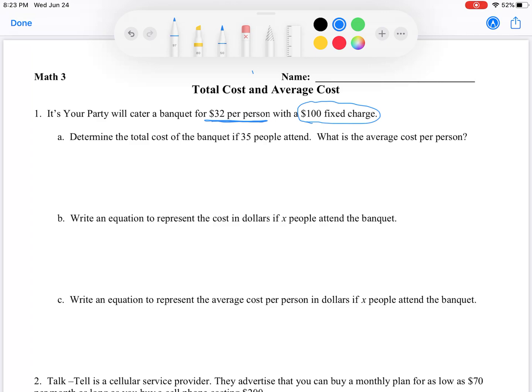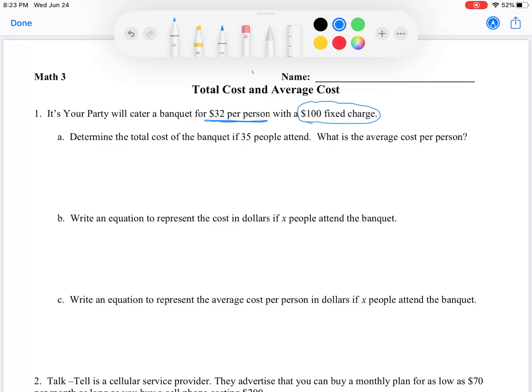If one person comes, it's still going to cost $100 to have the banquet. If 1 million people come, it's still going to cost $100 to make the banquet go on. That charge won't change, but the $32 will be more or less depending on how many people show up. So we're going to use part A to help us determine parts B and C.